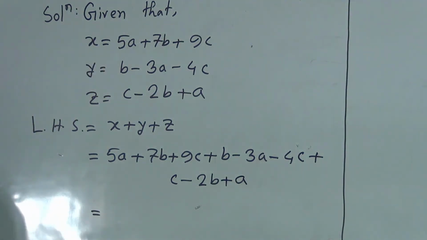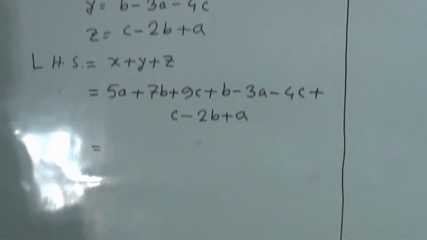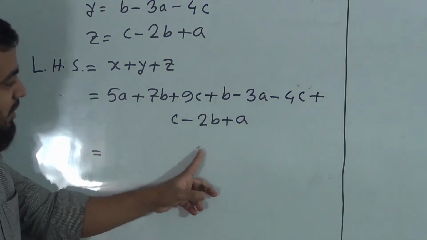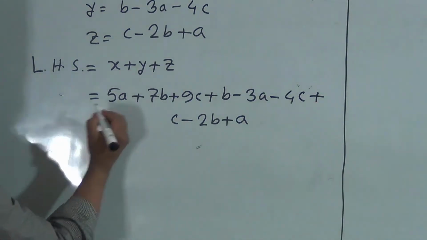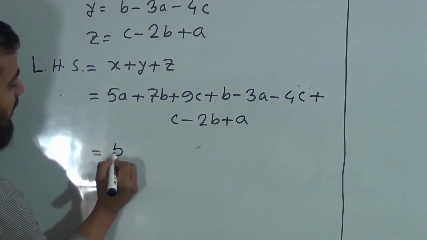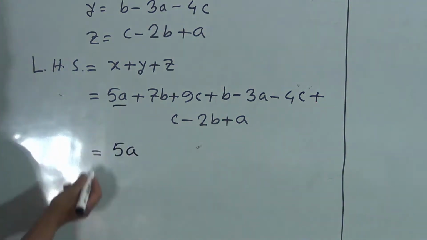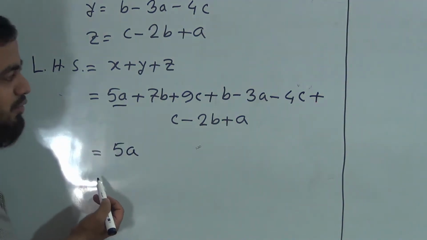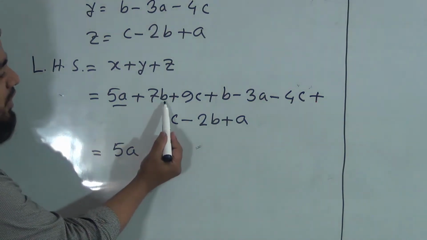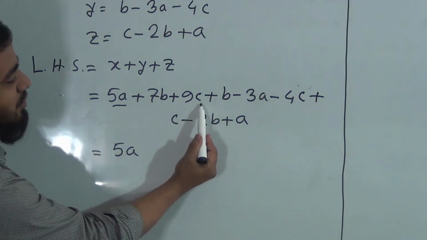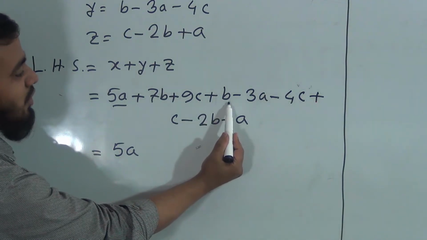After that, we have to arrange the similar terms together. First term is given here, 5a. So which are the similar terms of 5a? 7b is not similar to 5a. 9c is also not similar. b is also not similar to 5a.